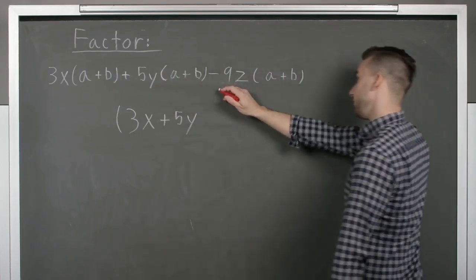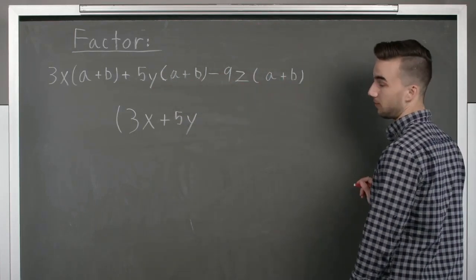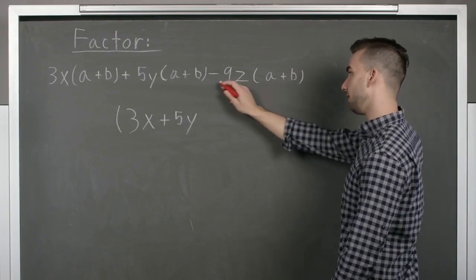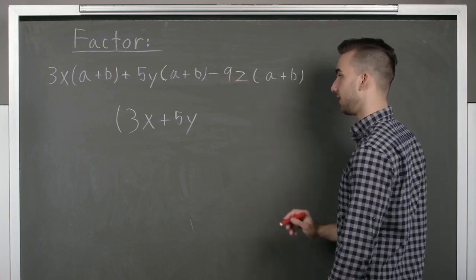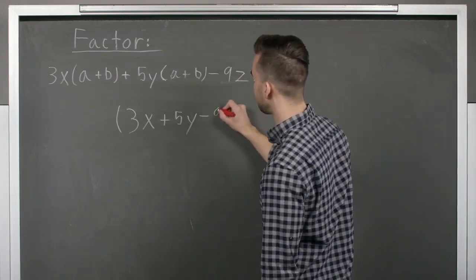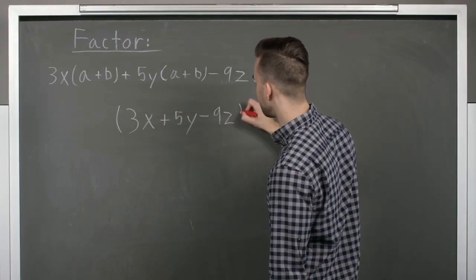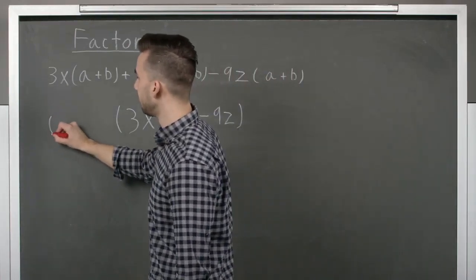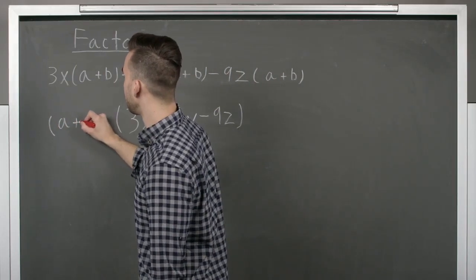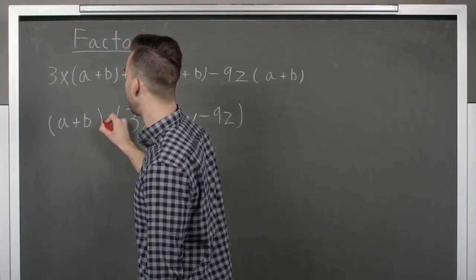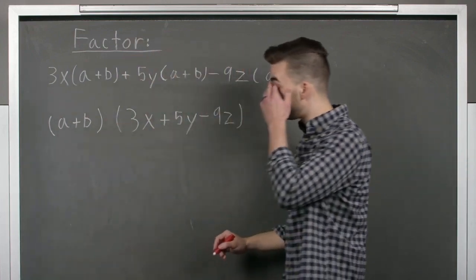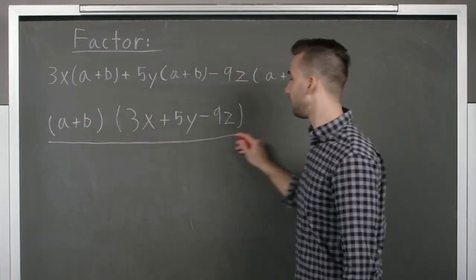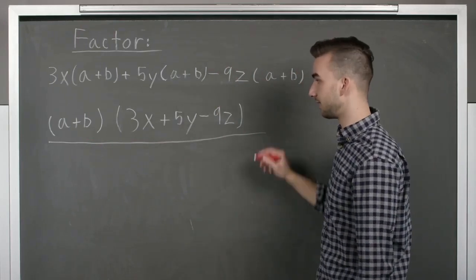And then if you divide the third term by (a plus b), what are you left with? We're left with negative 9z. And all this times (a plus b). So that is how we would factor this expression, giving us the solution for this example.